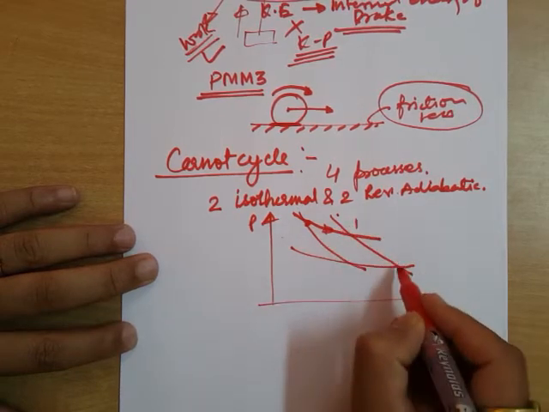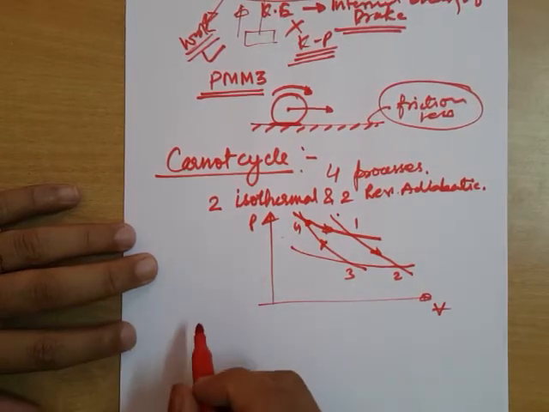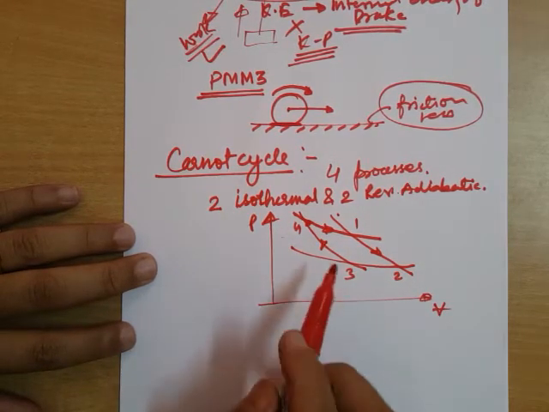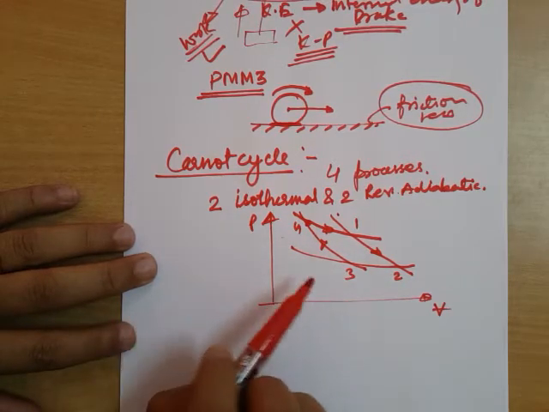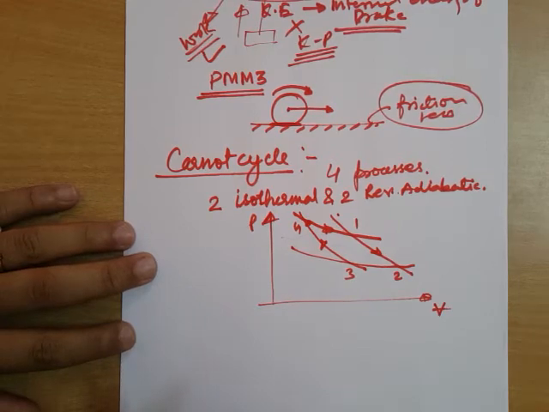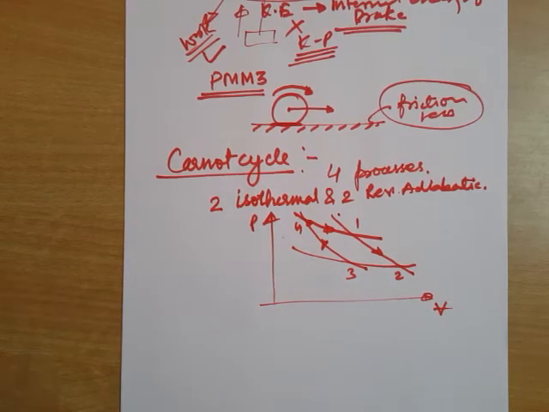So this is the case 1, 2, 3, and 4. This is a Carnot cycle. And the engine which works on this cycle is known as Carnot engine. This is the ideal cycle which we can think of. Possible in the sense of idealism, but not in the sense of reality. We cannot produce this cycle in reality, but we can think of this cycle.